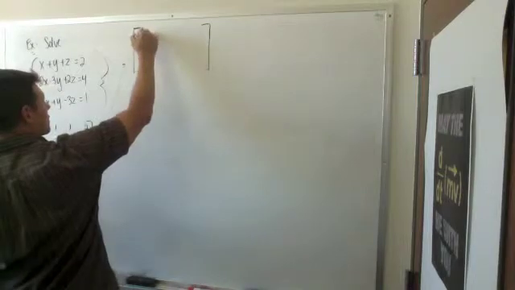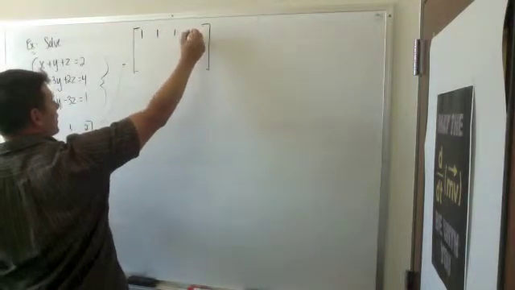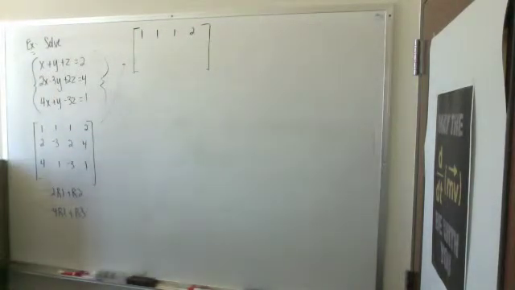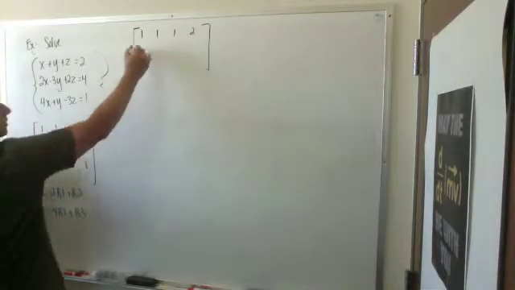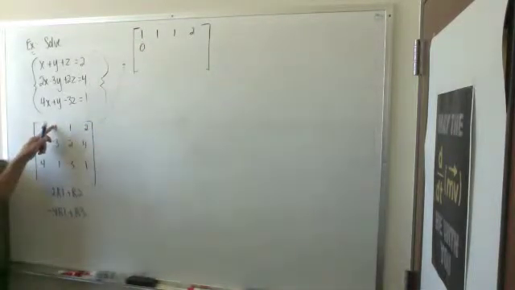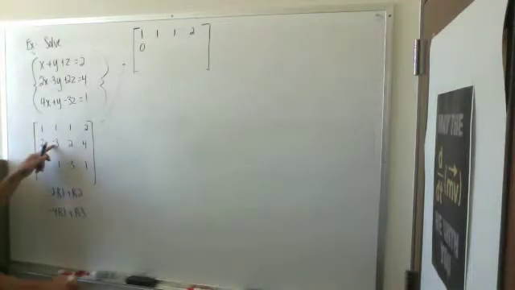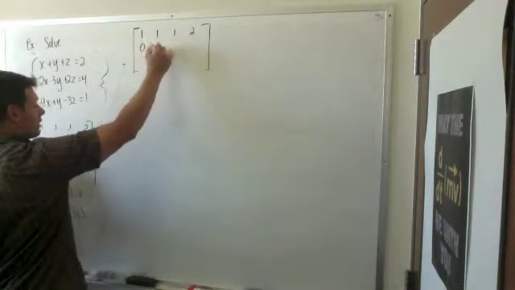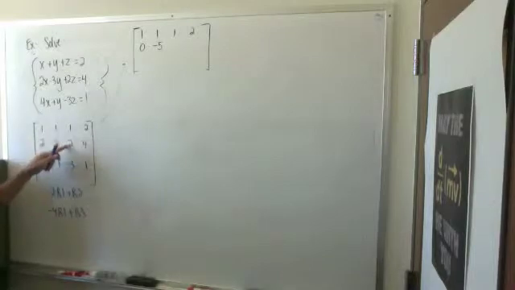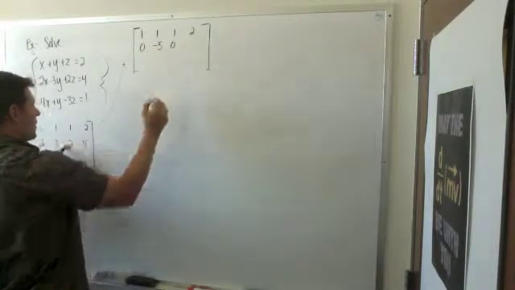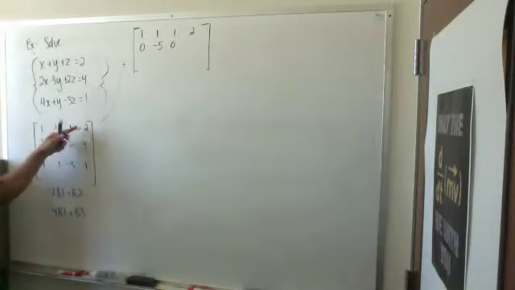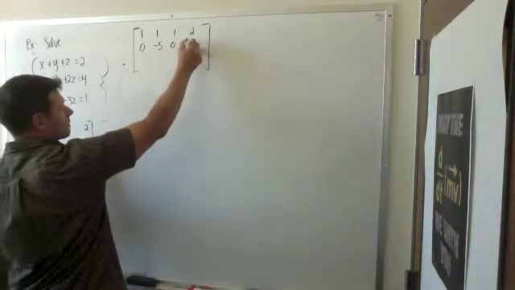So that brings me to a matrix up here. My first line will stay the same, 1, 1, 1, and 2, right? But I'll do -2 times this plus this, that makes that entry a 0. -2 times this, -2 plus this is -5. -2 times this plus this makes this 0. -2 times this is -4 plus this makes this 0.